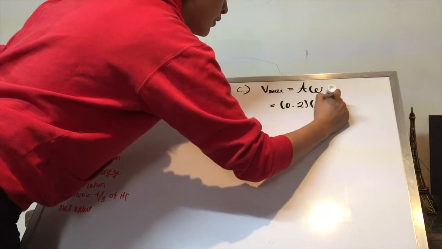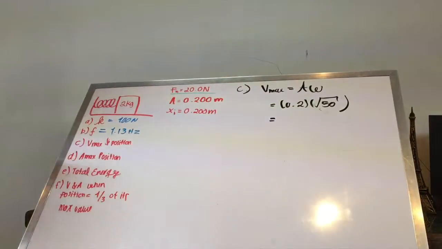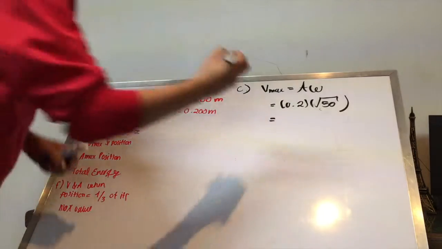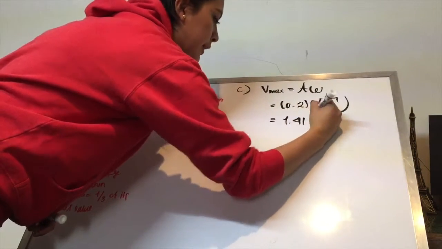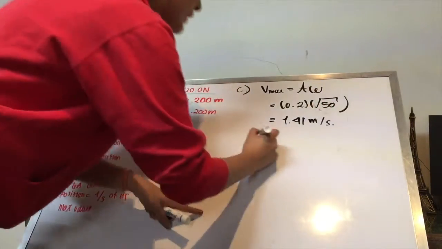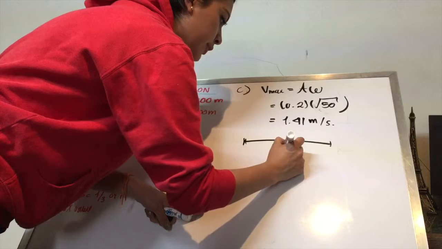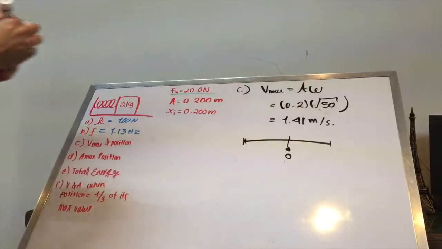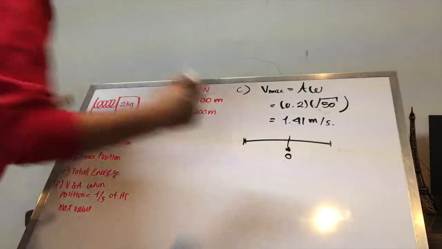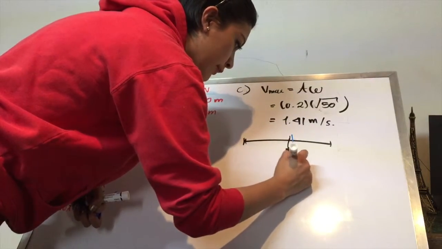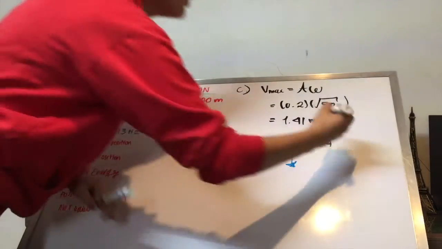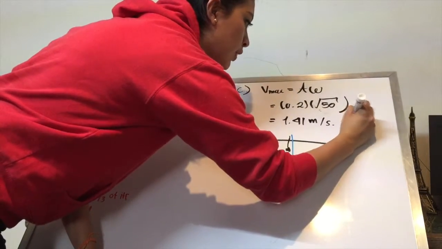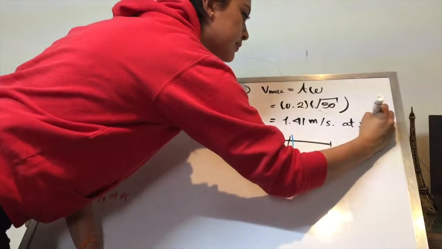This is equal to 1.41 meters per second. If we look at our graph, the maximum velocity always occurs in this part, so the position of the maximum velocity is at 0.